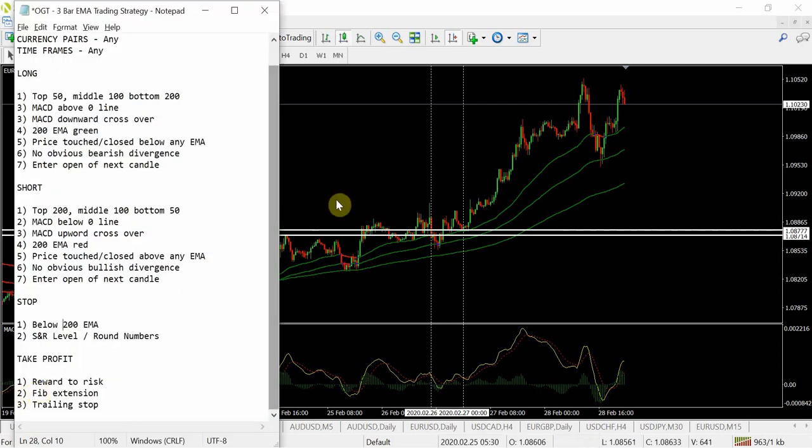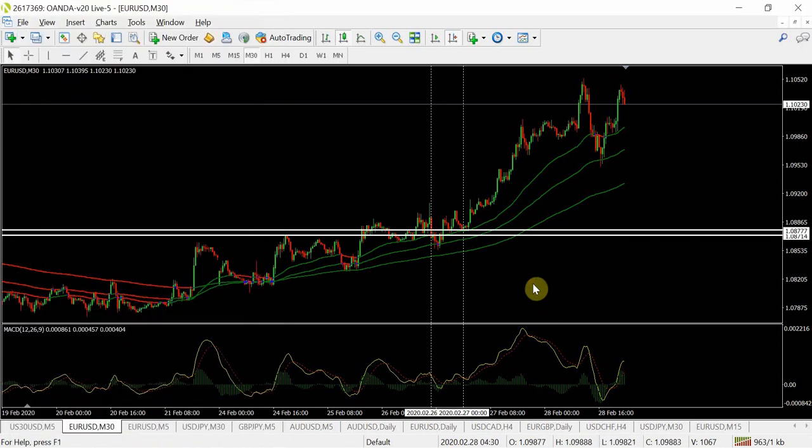The other way is using fib extensions, which I'm not going to go into in this video because I want to keep it quite basic for everyone. And then the last one is just to trail the stop. So what you can do is just trail the 200 or even the 100. So if we look at this now, you'll still be in this trade. You entered in here.